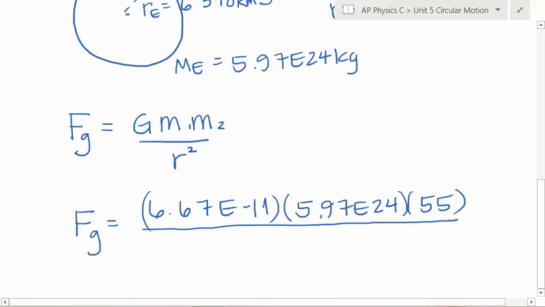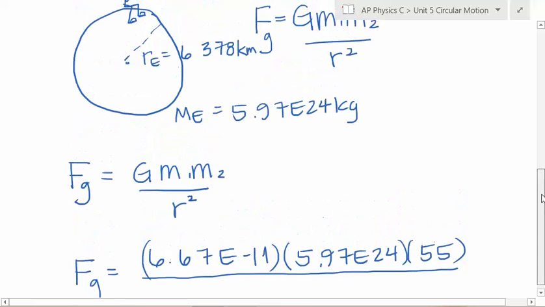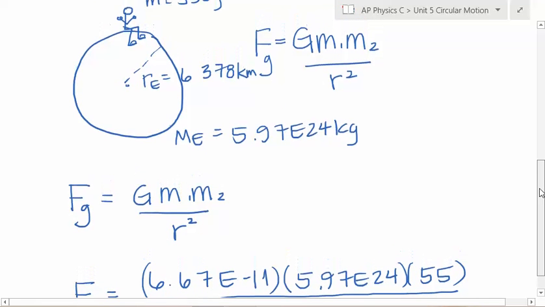Now, what's the distance of separation? The radius of the Earth plus the distance between. Okay, so if you're standing on the Earth, though, what's the distance of separation? Radius plus the height.